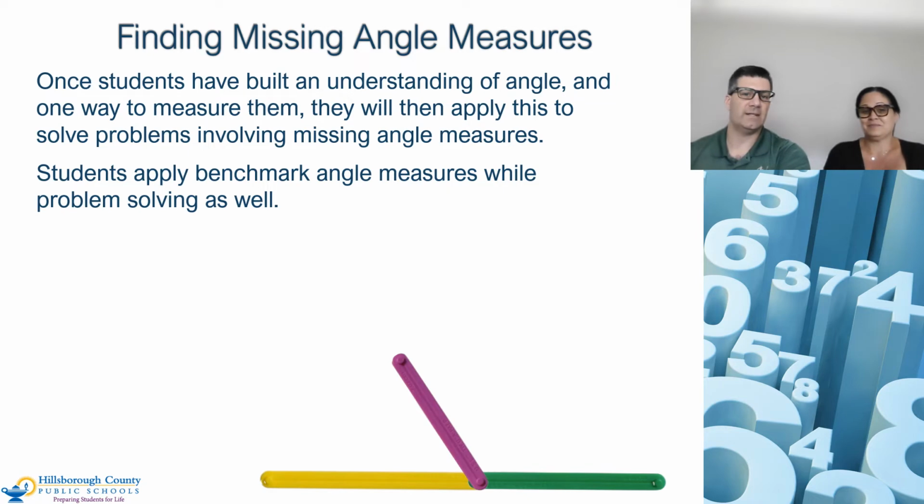Yep, so here now we're looking at problem solving with finding missing angle measures. Really, we could have started doing this with our wedges concretely. So I brought back some angle eggs. I made an angle here. Do you see a benchmark angle on there? I do. If we're using wedges, I'm thinking that perhaps it would be approximately 6 wedges.